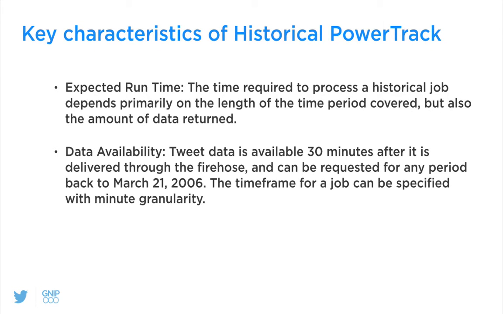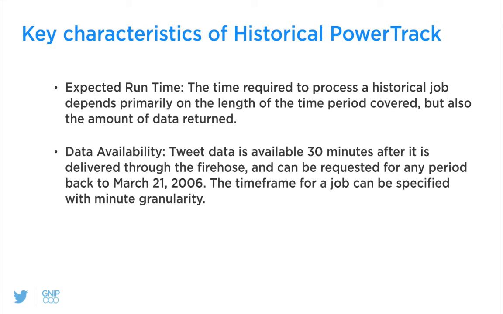Another characteristic is that the time required to process a historical job depends primarily on the length of the time period covered and has much less to do with the number of rules and the amount of data returned. Also, tweet data is available 30 minutes after it is delivered through the firehose.